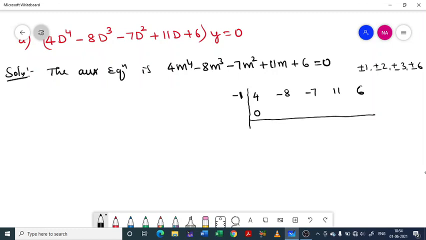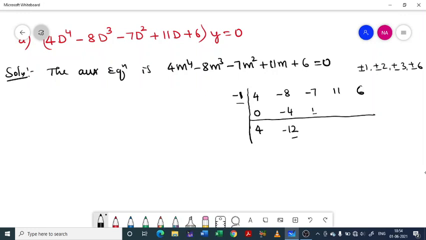So now I am taking minus 1. Adding 4 to this 0, you get 4. So I have to add these two numbers. Then multiply this 4 with this minus 1 and write the product here. So 4 into minus 1 you get minus 4. Adding these two you get minus 12. Now multiply these two numbers and write the product here.